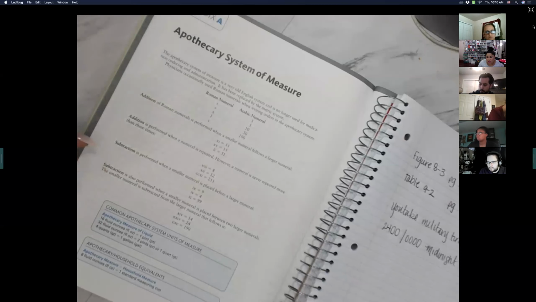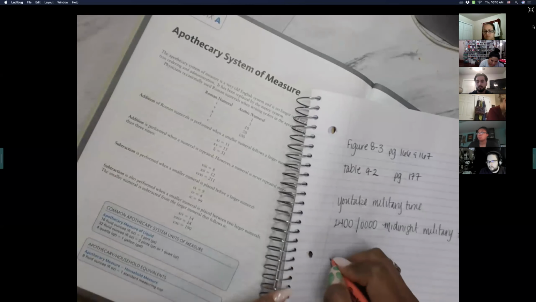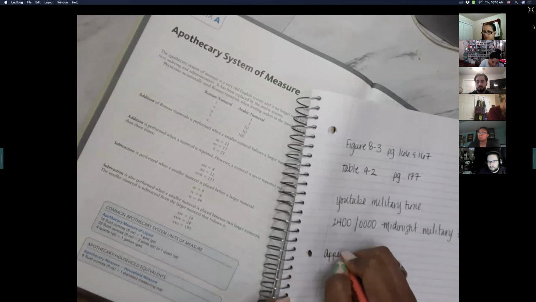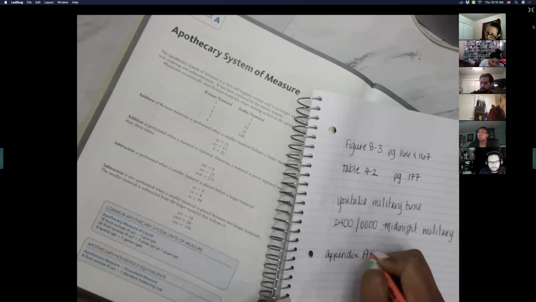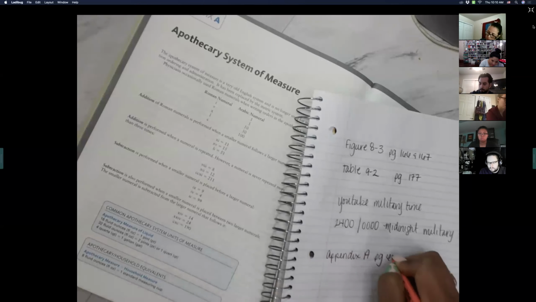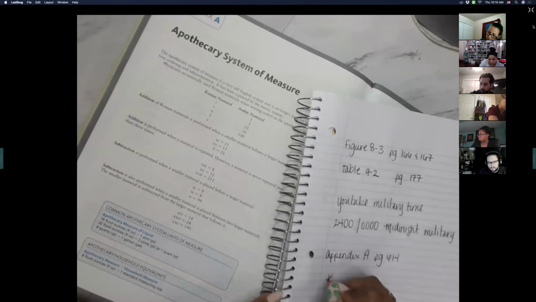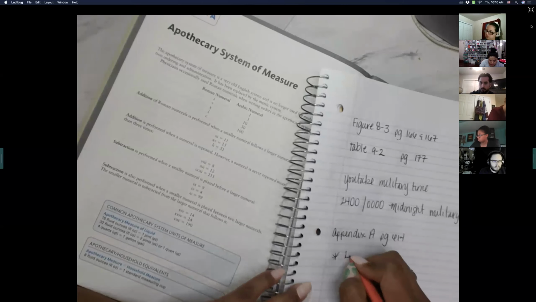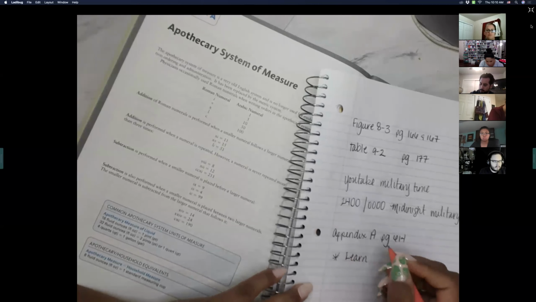If you don't know Roman numerals, you're probably already going to get the question wrong. Okay, so my last recommendation is Appendix A, page 614, and learn your Roman numerals. Everyone will have a question with Roman numerals, I guarantee you.